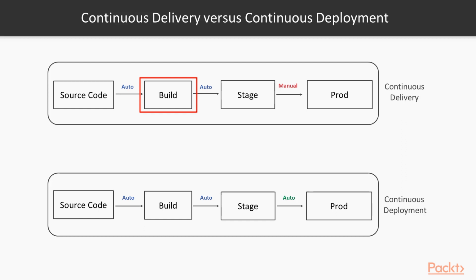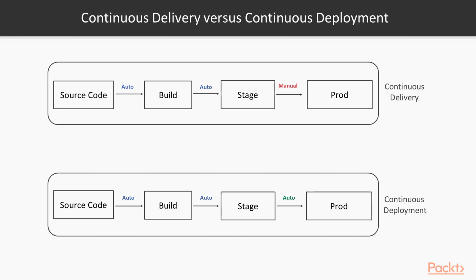If it builds perfectly, it gets deployed into the staging environment. So this stage is the continuous delivery stage. Once it gets deployed into the staging environment and everything is working perfectly, you get a sign off from the QA team. Then the deployment to the production environment is manual. So this step is called continuous delivery.